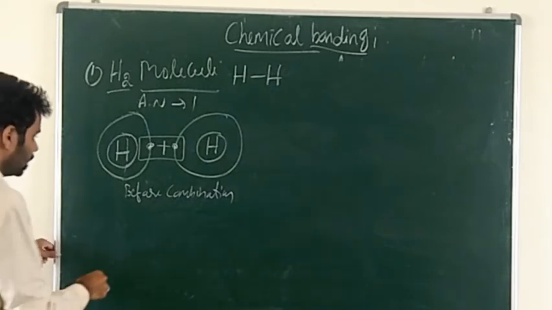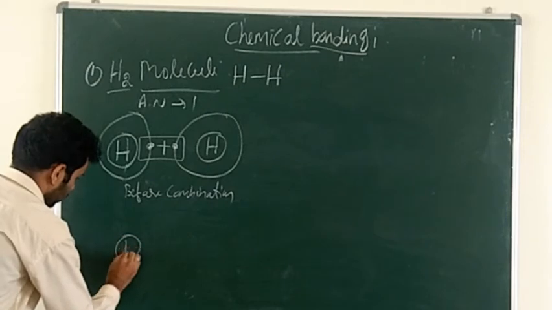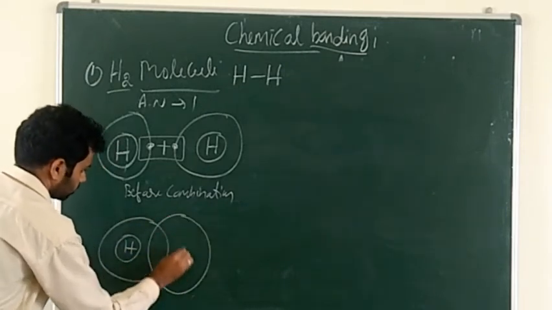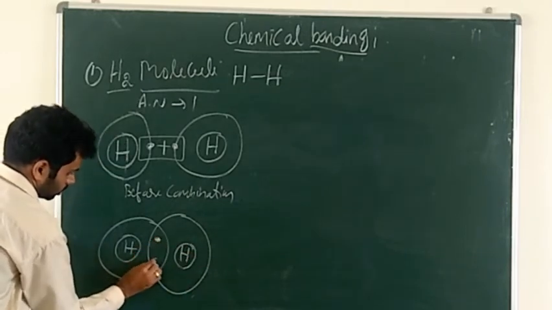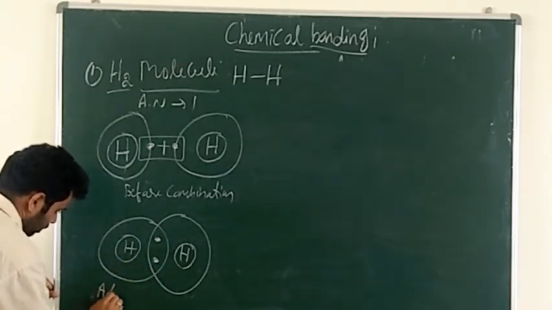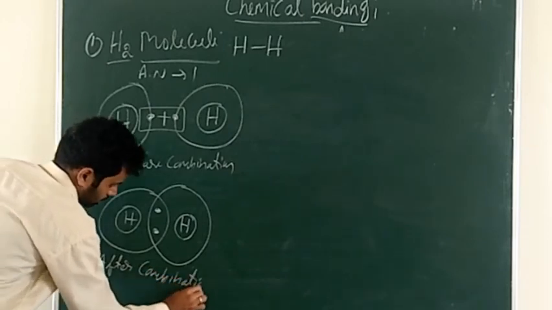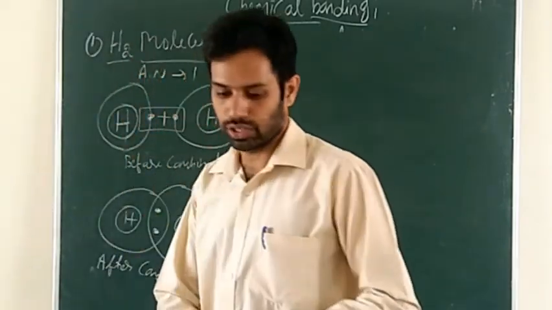Now we can write the hydrogen molecule structure, like this. So this is after combination. This is how the electrons are mutually shared between the two hydrogen atoms.